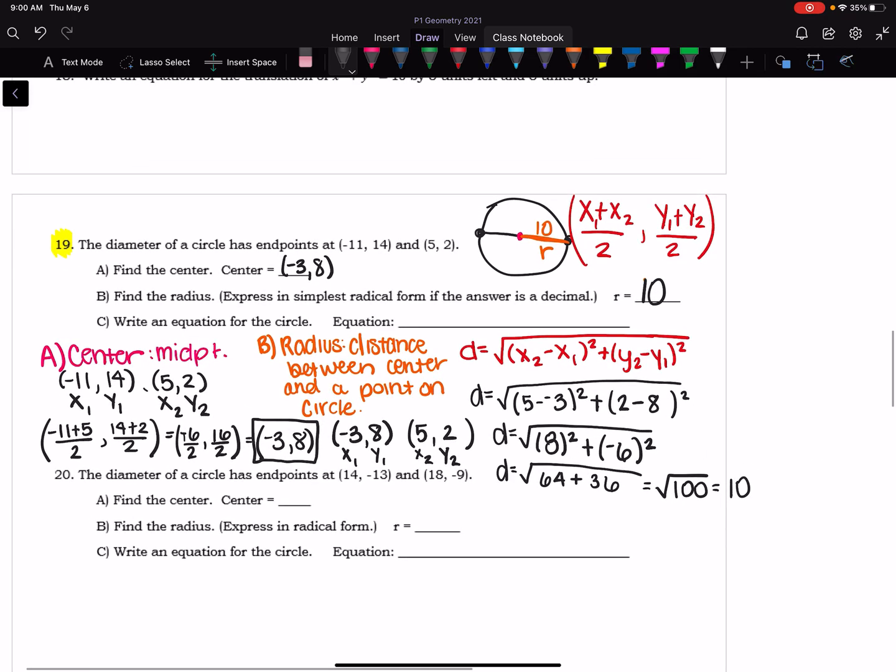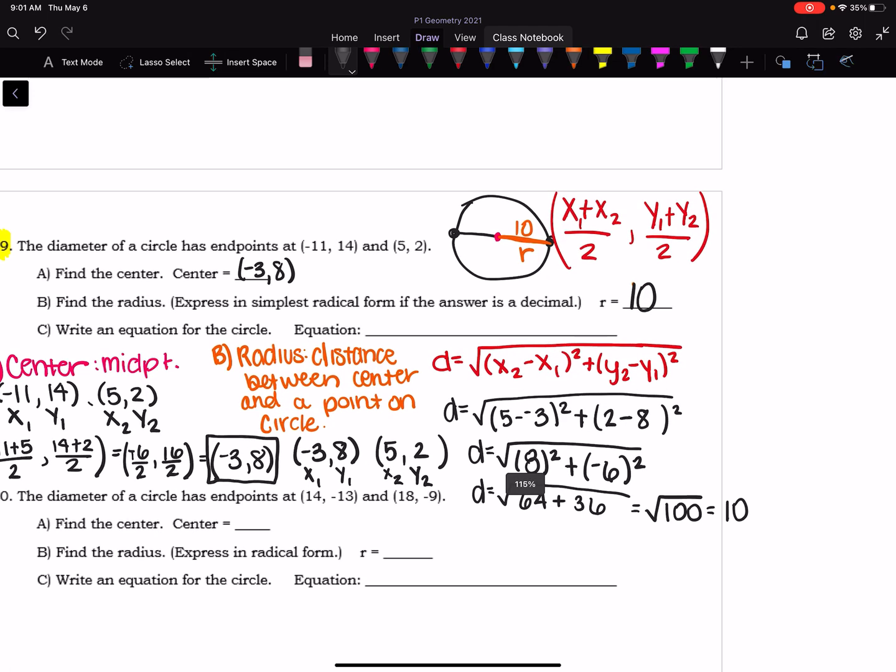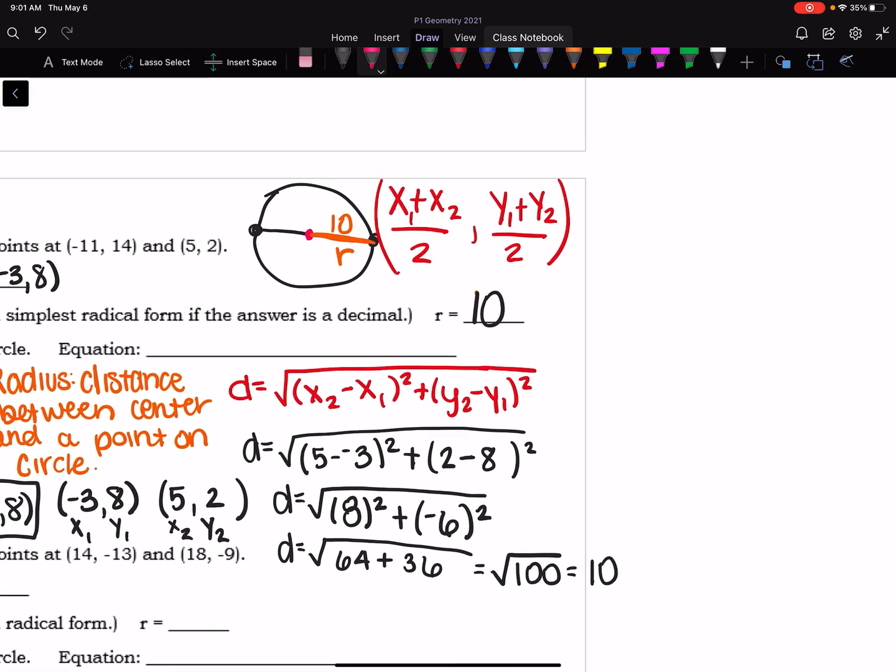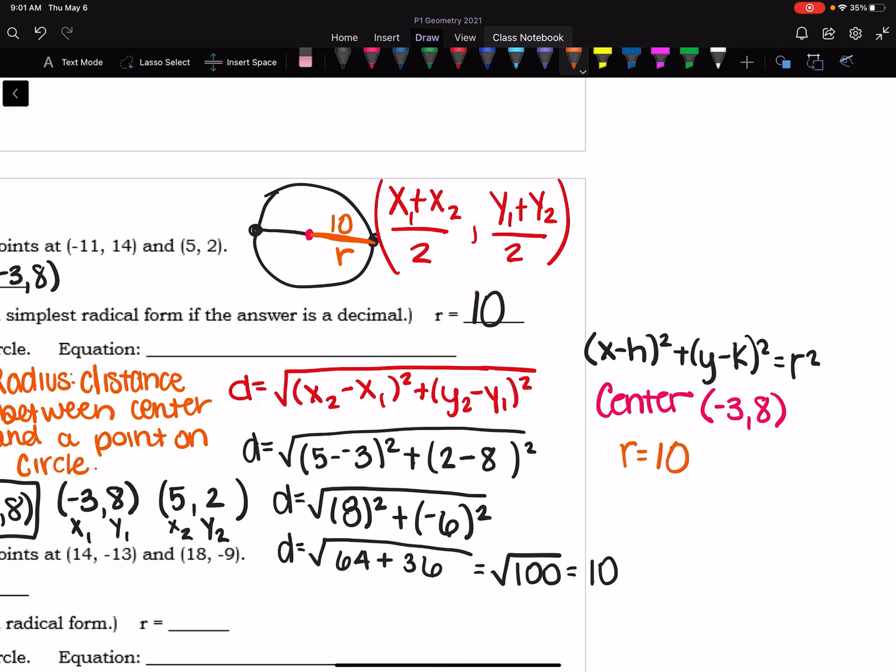And then our last part is just putting these two pieces together to write our equation. So off to the side here, I'm going to write our equation of the circle. And as always, we need the center, which is (-3, 8), which is what we found in part A. And we need the radius, which we found in part B, which is a length of 10.